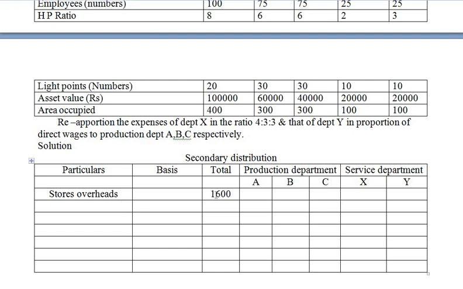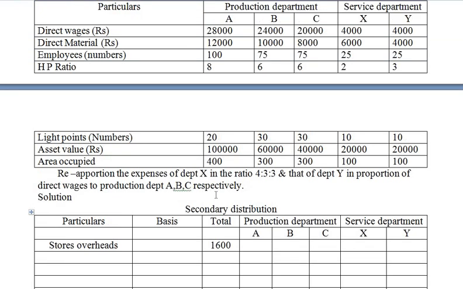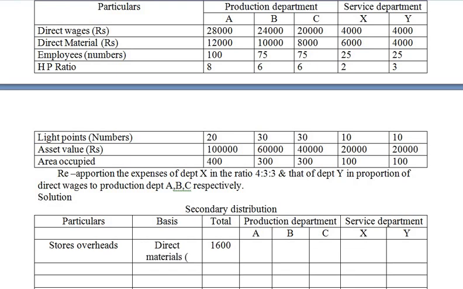Now stores overhead is related to what? Just go through the previous chart, whatever they have given here. Now stores overheads is relating to what? Direct material, right? So this has to be distributed under the ratio of direct materials. In bracket you can write the ratio.